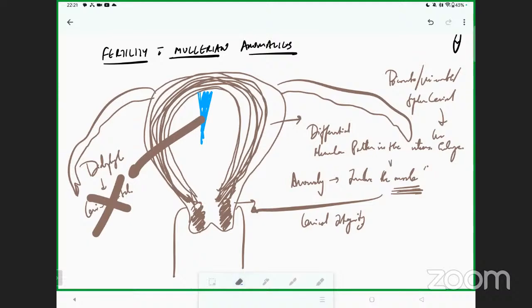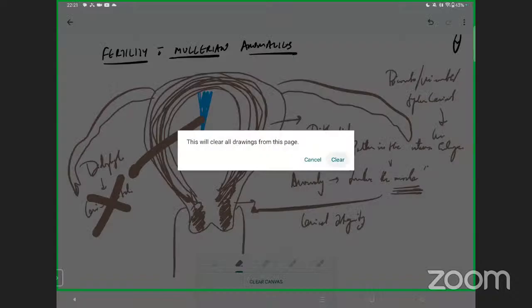What we have to understand as doctors when diagnosing these Mullerian anomalies is that a 3D ultrasound of the pelvis is absolutely mandatory.